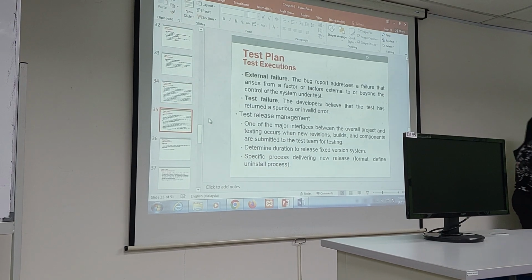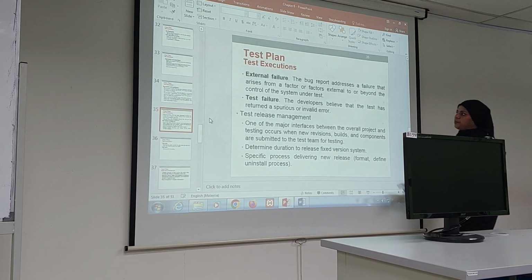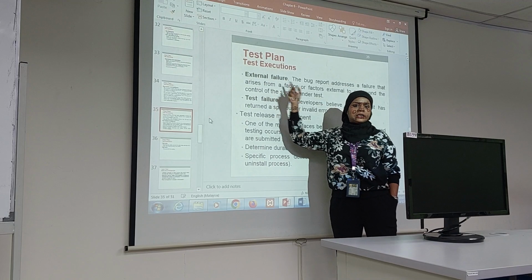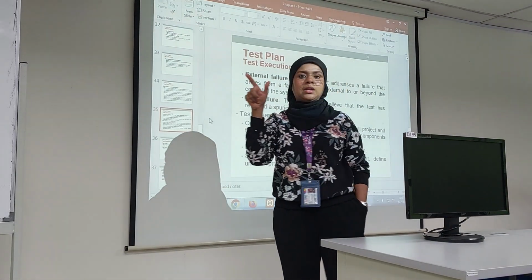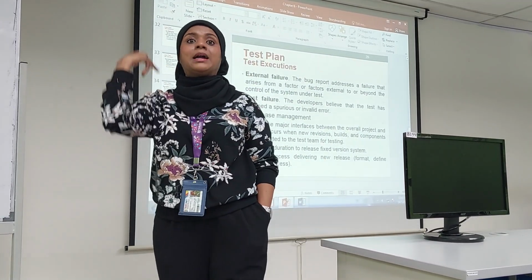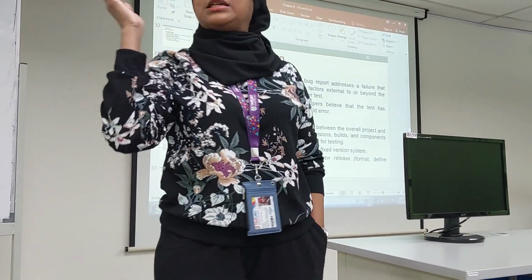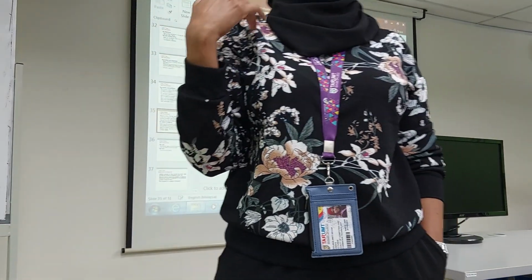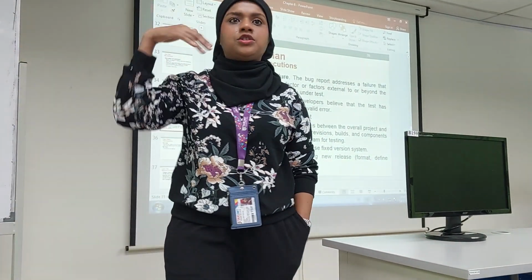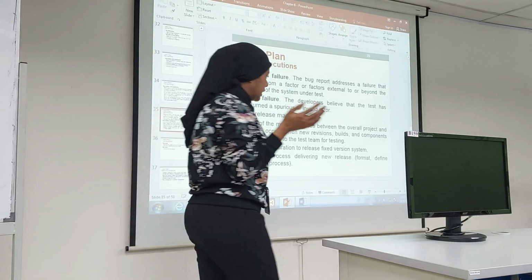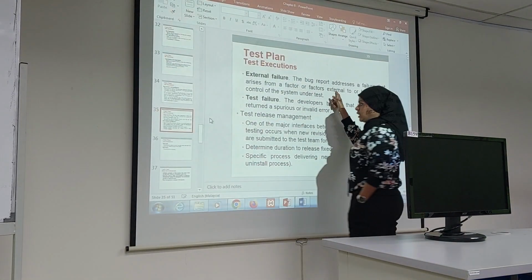Then we also have the failure which can happen due to external reasons. External means nothing about the coding, nothing about the development, nothing about the testing, but external. Maybe due to the testing tool, or maybe due to a server issue, maybe a technology facilities issue. It can also cause the failure.